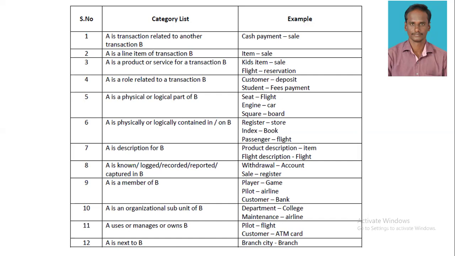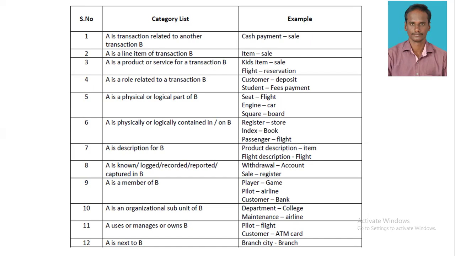Second, A is a line item of transaction B. The example is Item and Sale. And the next category is A is a product or service for a transaction B. The examples are Item and Sale, and Flight and Reservation. So two examples have been considered here.